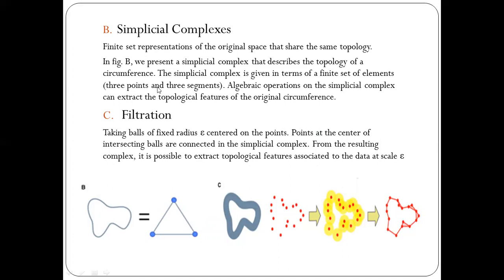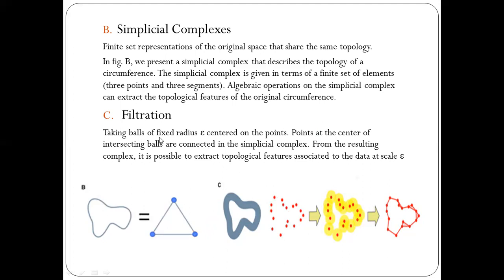Similarly, we have some examples of simplicial complexes where the figure on the left is topologically equivalent to the one on the right, the triangle with 3 points and 3 line segments. And C is the example of a filtration where we have a number of points.